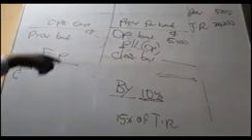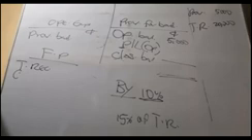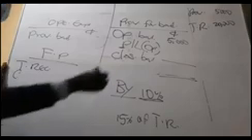Which provision are you going to reduce by 10%? The provision is 5,000. So that 5,000 must be reduced by 10%. So find 10% of this 5,000.